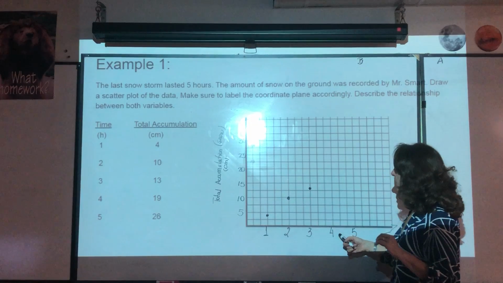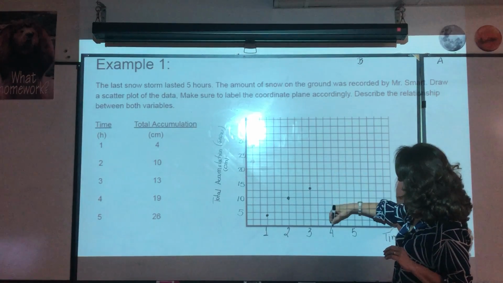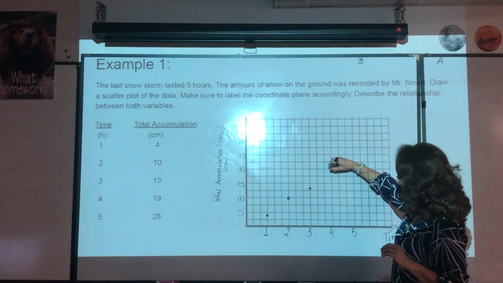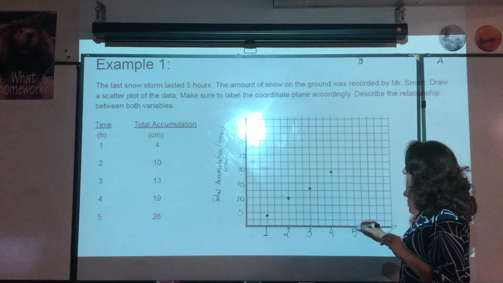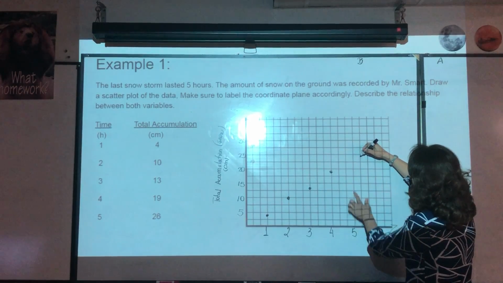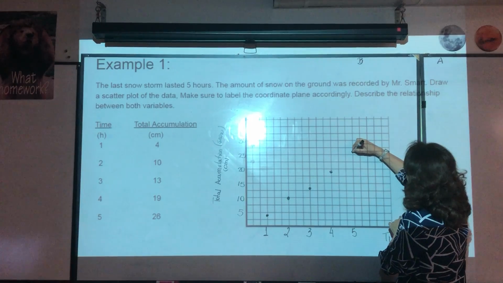After 4 hours, I have 19, which is 4 hours right here, 19 right about here. And then after 5 hours, 26. So here's 25, 26 right here.